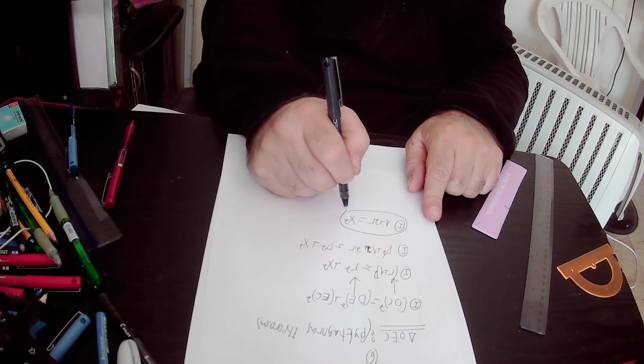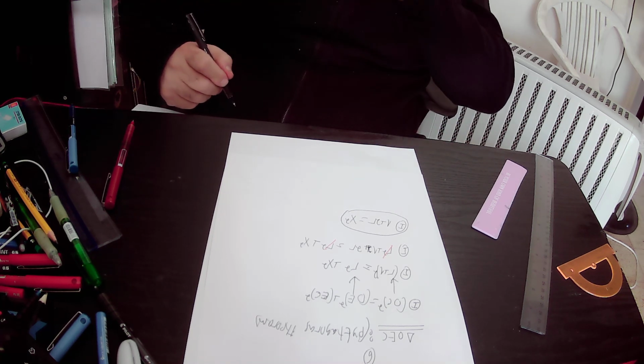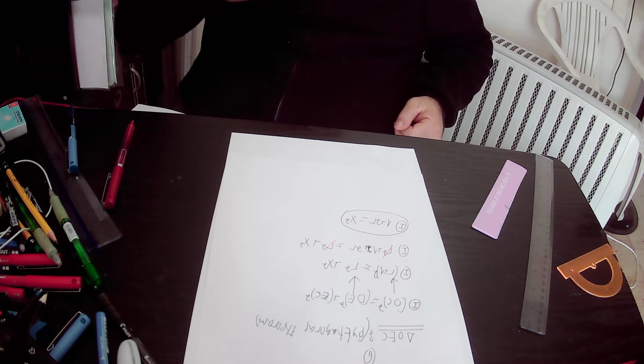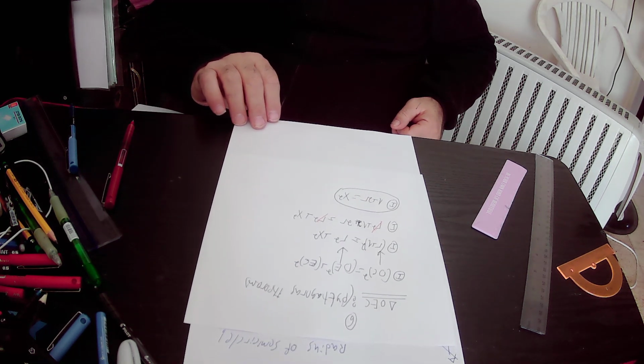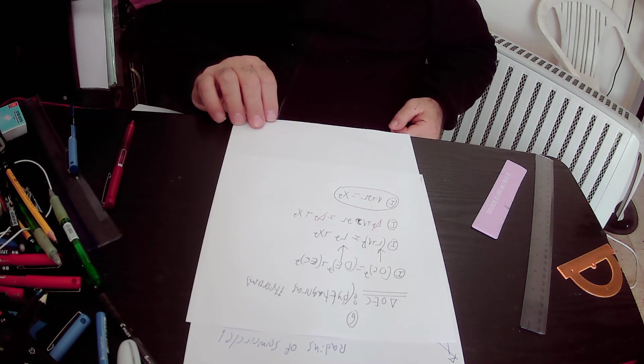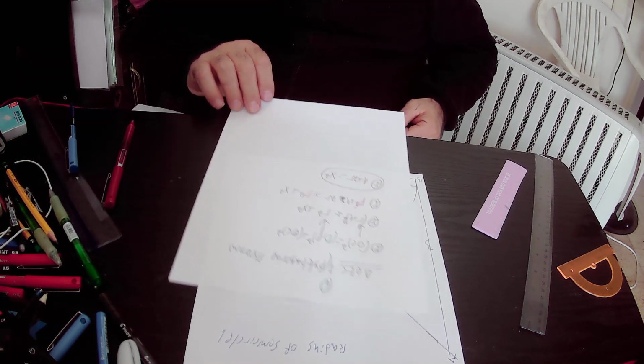Okay, x square equals to 1 plus 2r. So that is equation number 1: 1 plus 2r equals to x square.